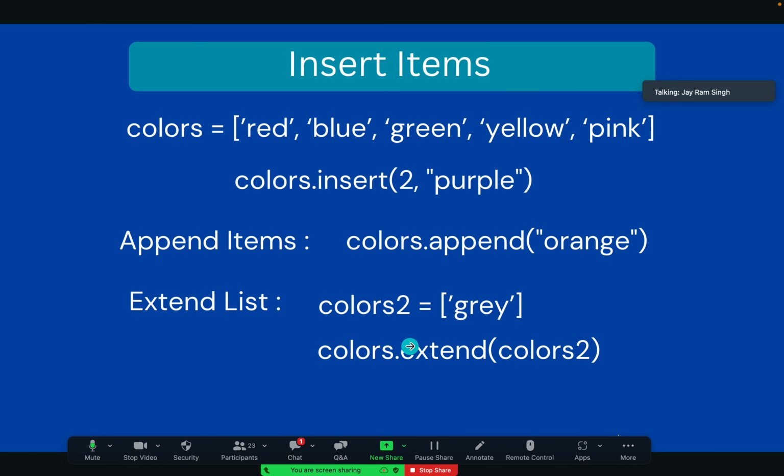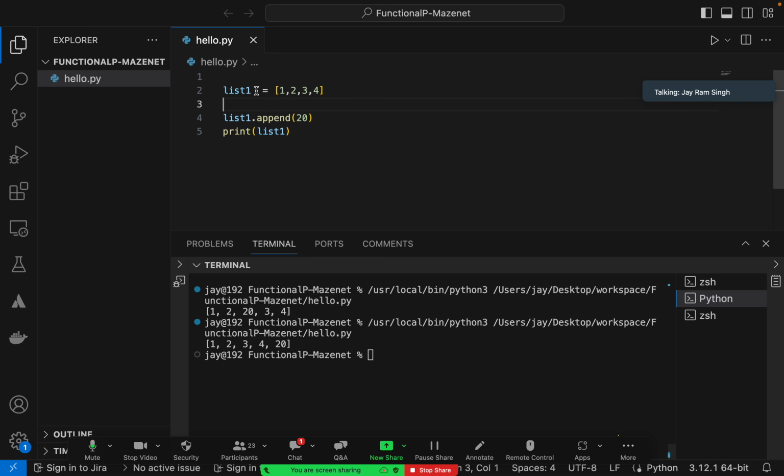I want to extend. I have this list and I want to extend this and append another list completely. This is also a list. So this is how we can add a list. Suppose list 2 is 20, 10.